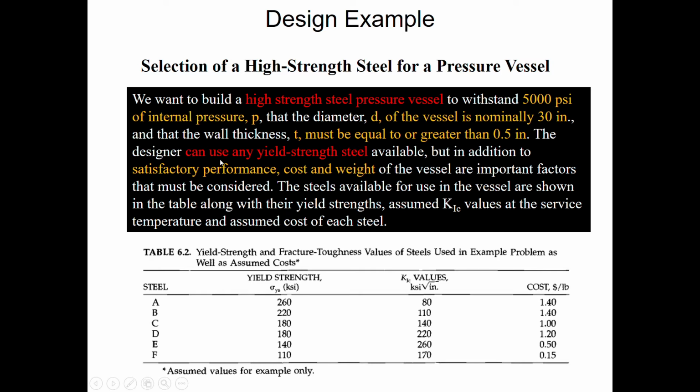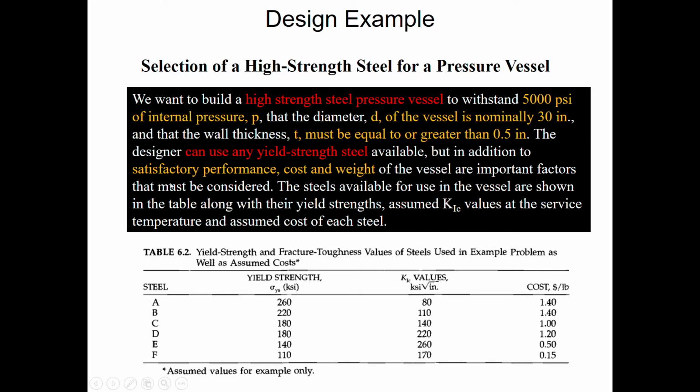Okay, the designer can use any yield strength available, but in addition to satisfactory performance, for example, the material that we use must be lightweight, or anti-corrosion, or able to stand several types of conditions or environmental factors.